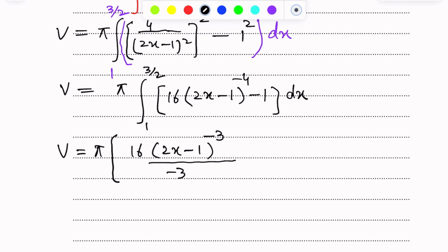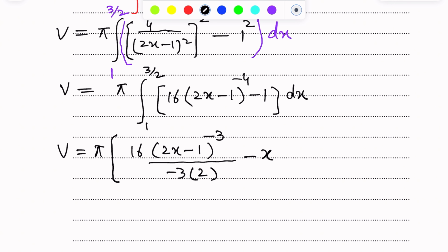And now the differentiation of the factor inside the bracket, that is 2x minus 1, differentiation is 2, so we will write 2 in the denominator, and integration of 1 is x.